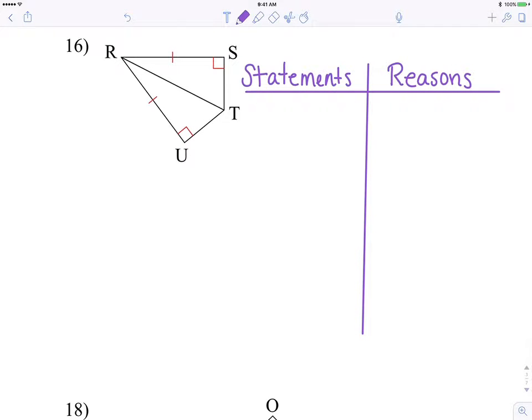Number 16, these are going to be congruent by hypotenuse leg. You have a pair of congruent legs right here and a shared hypotenuse. So the first information is that angle S is congruent to angle U. That's given to us. Also given to us is that RS is congruent to RU.